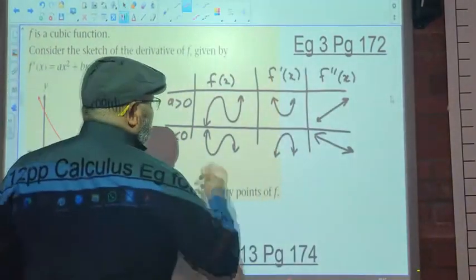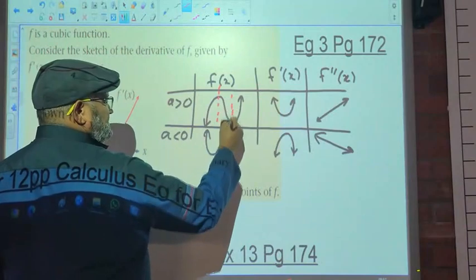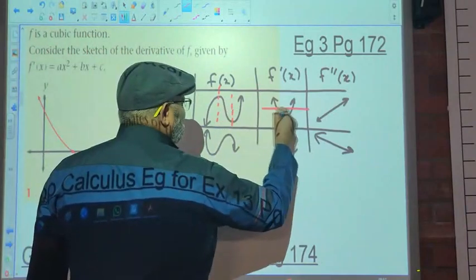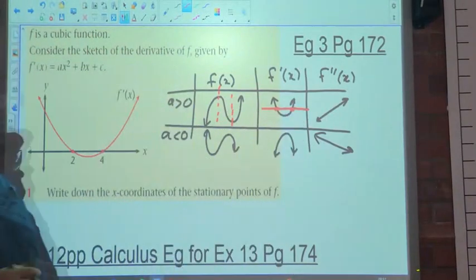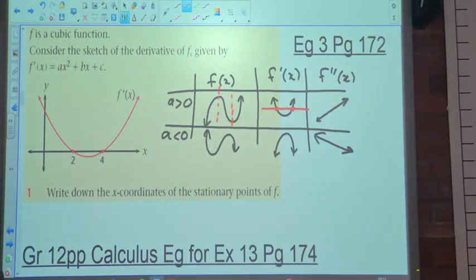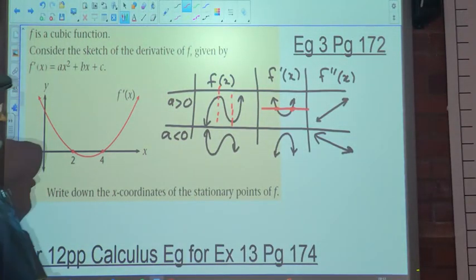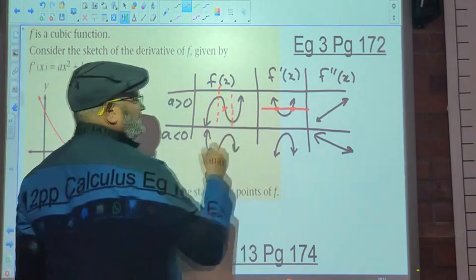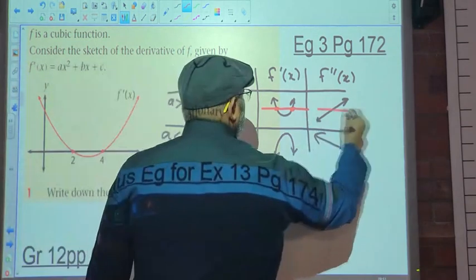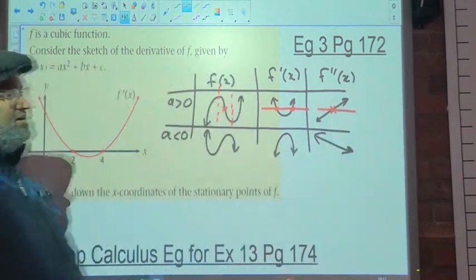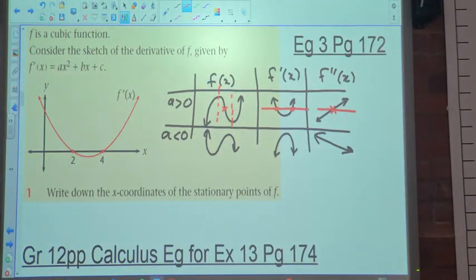We also know that the turning points are your x-intercepts of your parabola. Not so? And we know that the point of inflection is the x-intercept of that linear function. Okay?